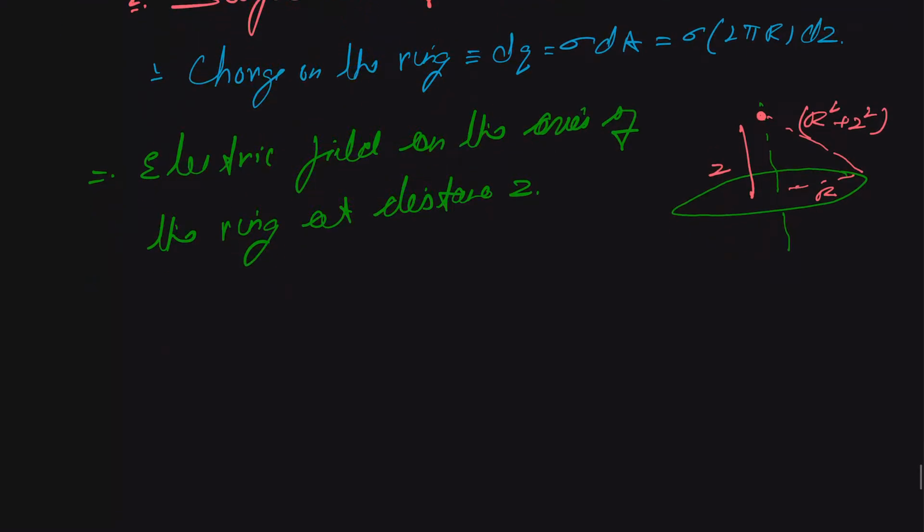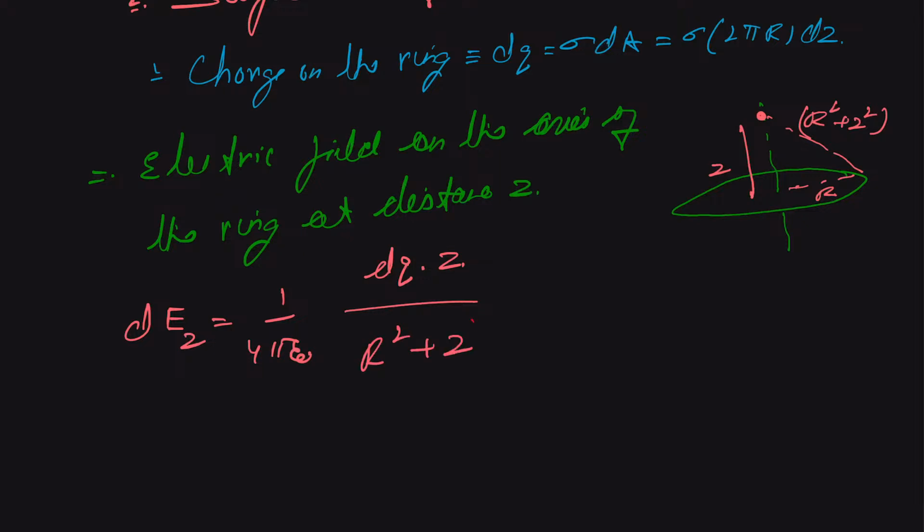And so we can write our electric field as 1 upon 4 pi epsilon naught, dq z upon r square plus z square to the power 3 by 2.